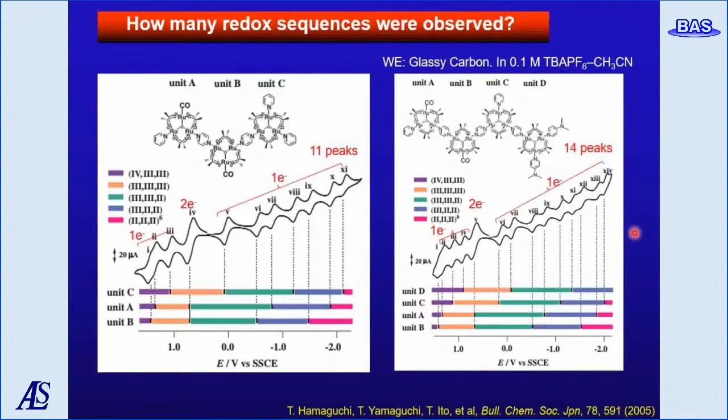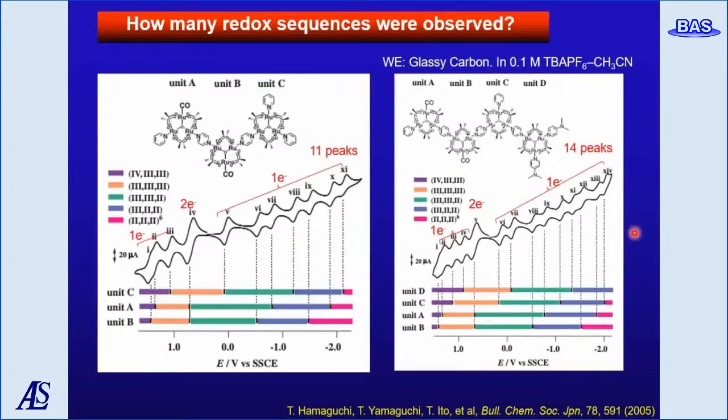Here is another example of many successive reversible peaks observed in a trinuclear ruthenium complex linked by pyrazines, a cluster of cluster complex.